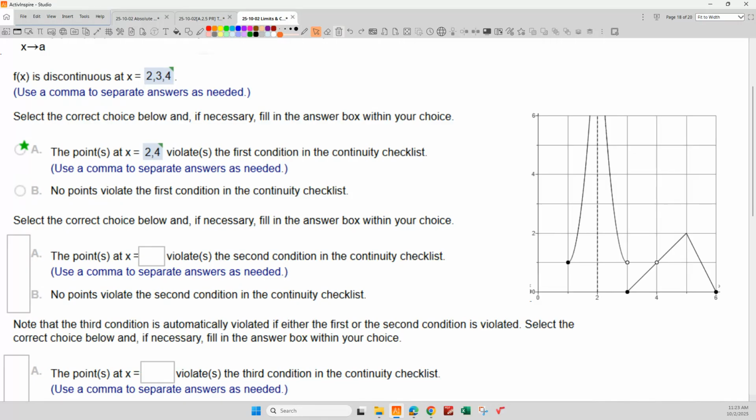Okay. So 2, 4. At what values of x do we violate the second condition? What's the second condition? Okay, the limit exists. So where does the limit not exist? 2 and 3, I agree.